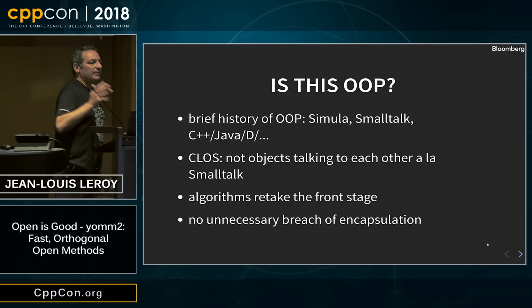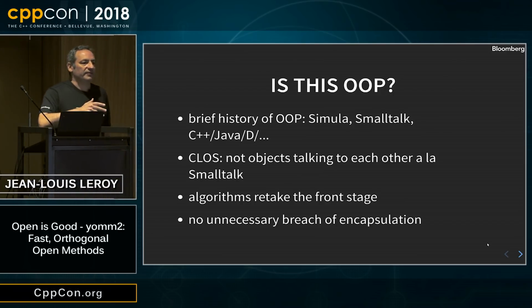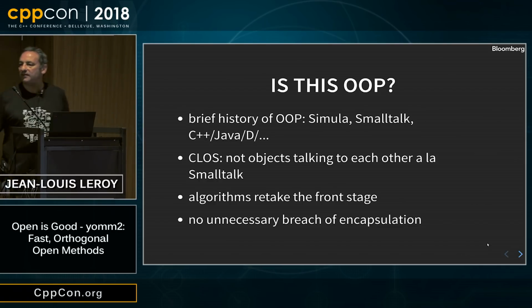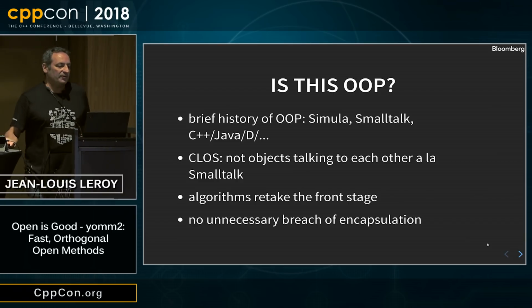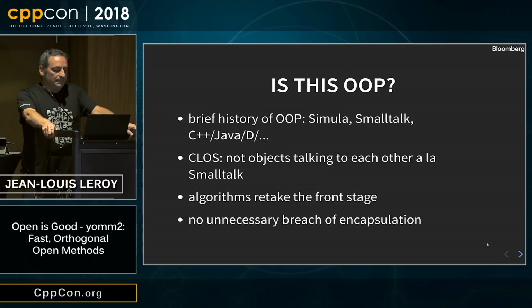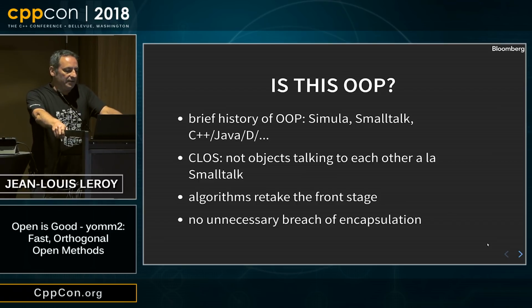Once again, in this approach, algorithms, functions take back the front stage. That is what Stepanov has been saying about STL, right? Algorithms matter. And then, if needed, you split the world into objects, but sometimes it's simply not the right approach. So, in my opinion, this is not really OOP.